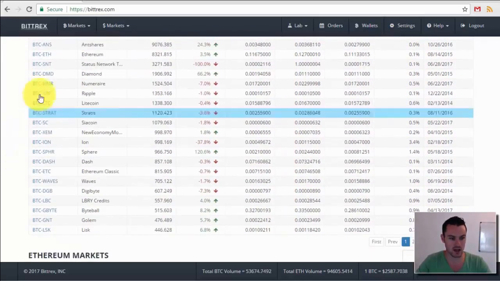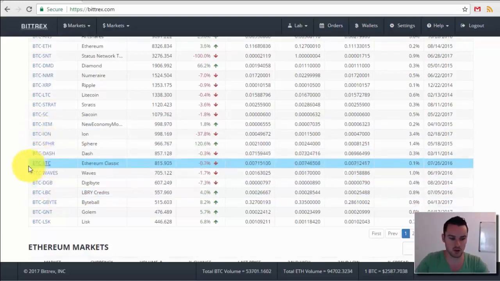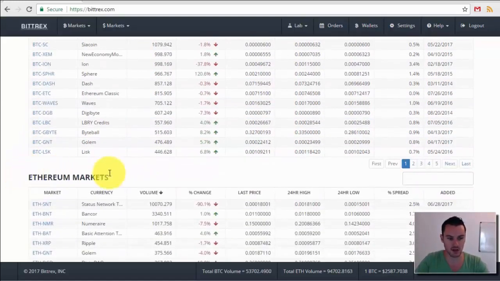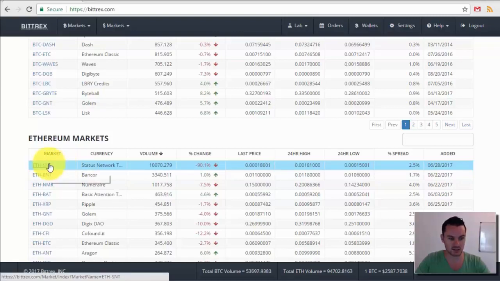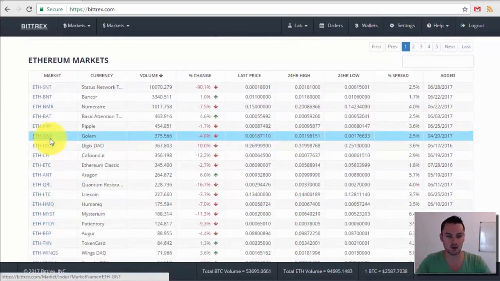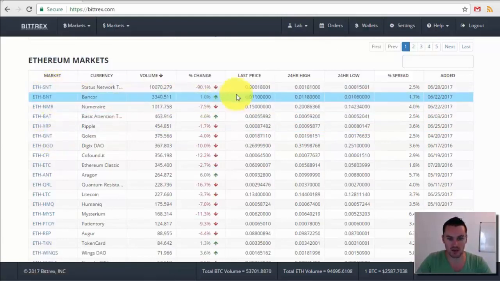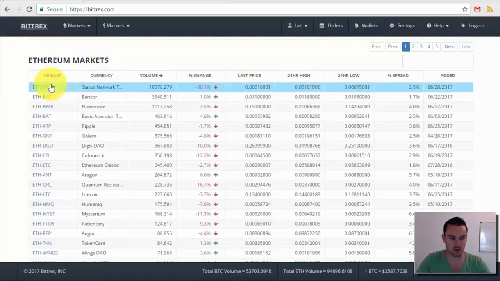So that's Bitcoin. Then you have all the different coins that are available on Bittrex. Some coins are only available on certain exchanges. Some coins are available on multiple exchanges. It just depends on the coin. You then have the Ethereum markets, so this is some of the coins against Ethereum. The value of the coin will be reflected against Ethereum rather than Bitcoin up above.